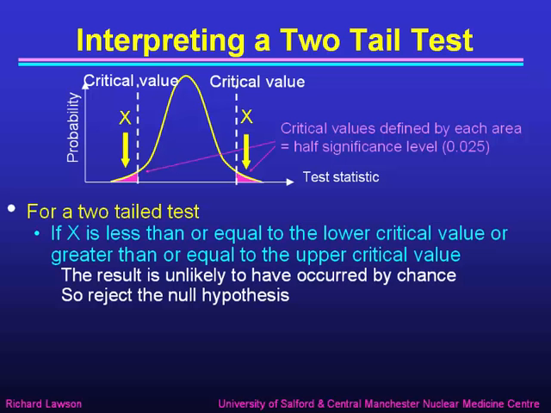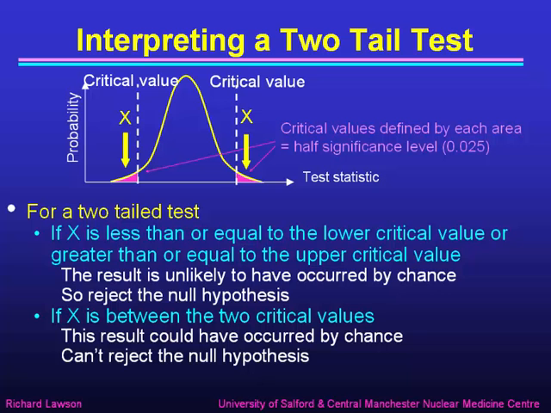But if our value x is less than or equal to the lower critical value, or greater than or equal to the upper critical value, then that result is unlikely to have occurred by chance, so we can reject the null hypothesis. Remembering that for a two-tailed test we can reject if it is either bigger or smaller. On the other hand, if x is between the two critical values, this result could have occurred purely by chance, so we can't reject the null hypothesis.